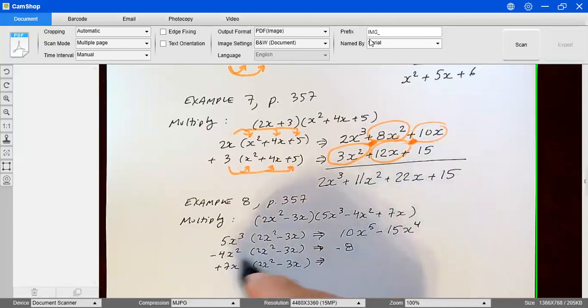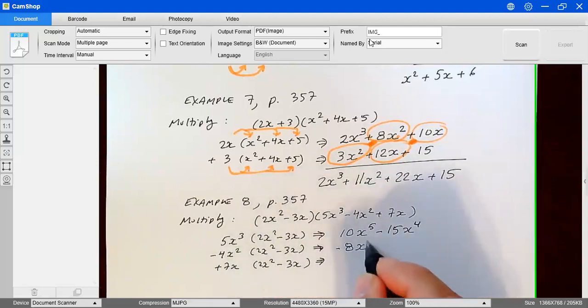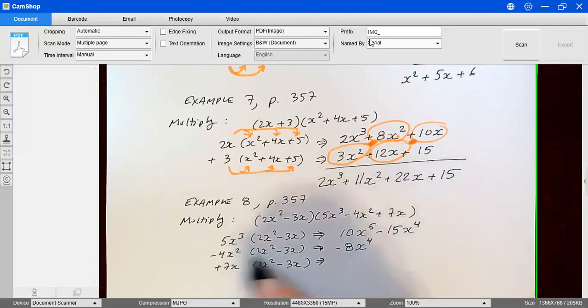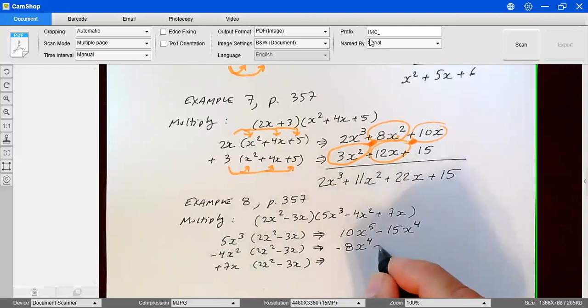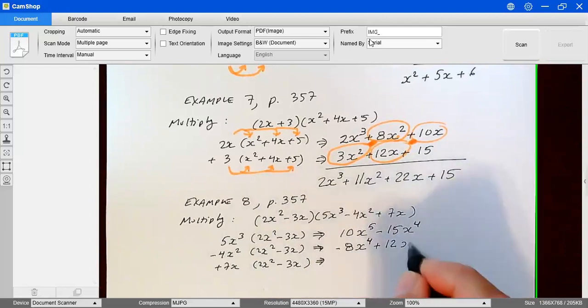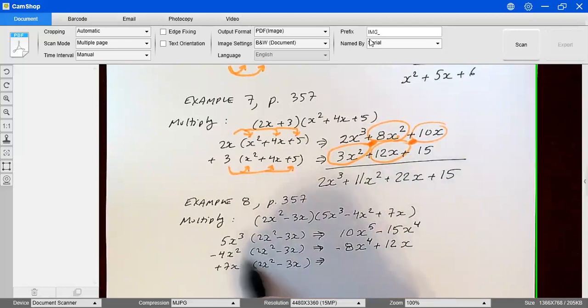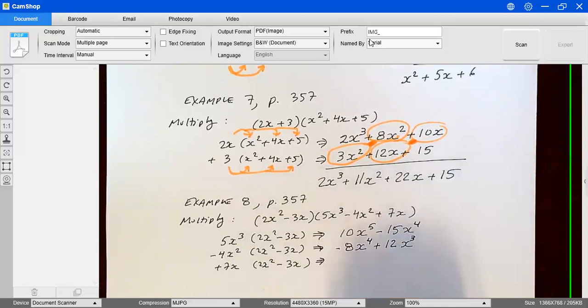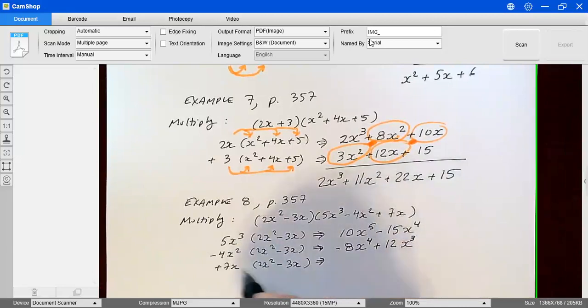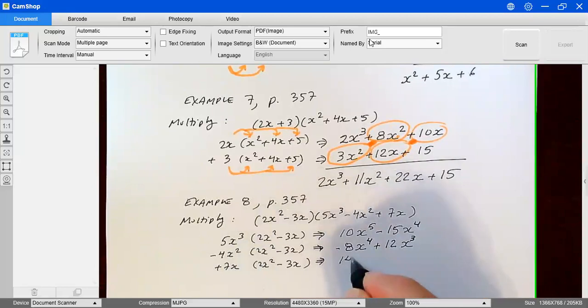Now x squared times x squared is going to be x to the 4 because 2 plus 2 is going to be 4. Negative times negative is going to be positive. 4 times 3 is going to be 12. And x is going to be to the 3rd power because 2 plus 1 is going to be 3. Finally, the last row, positive 7 times 2 is going to be 14.